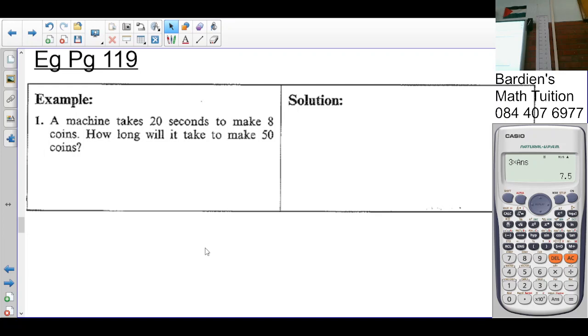Do that calculation quickly. A machine takes 20 seconds to make 8 coins. A coin machine.